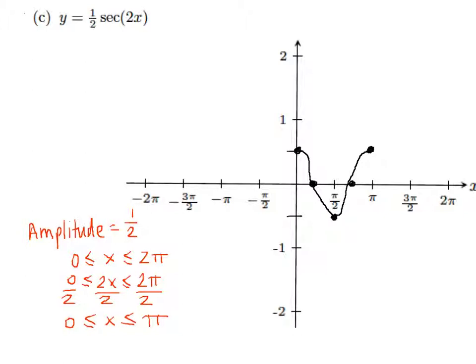First, with secant functions, we need to think about the asymptotes. And the asymptotes occur when our cosine function crosses the x-axis. So I'll draw in these dotted lines as our asymptotes. So with these asymptotes, they represent where a function doesn't exist. They get infinitely close, but does not exist.